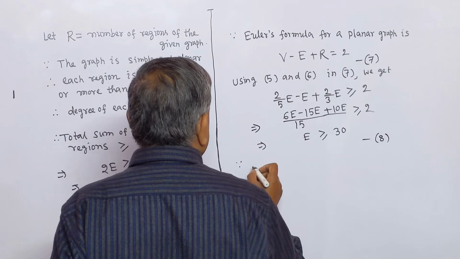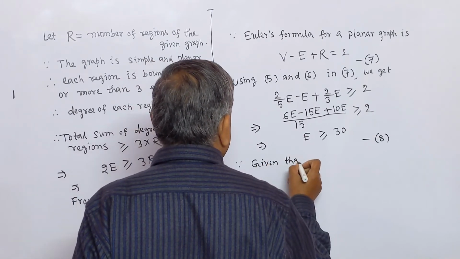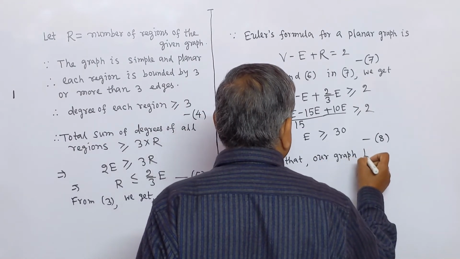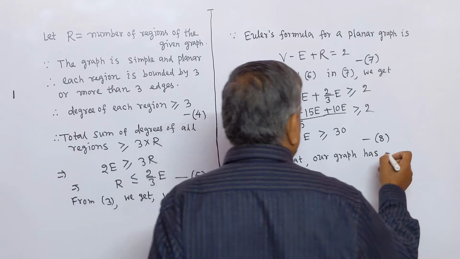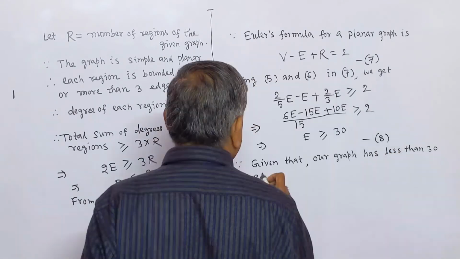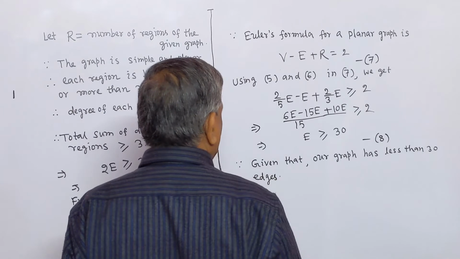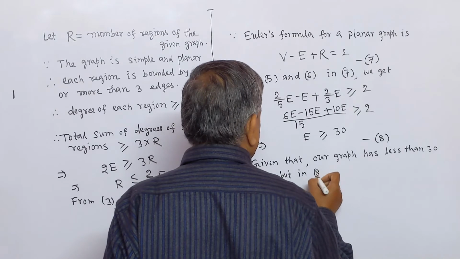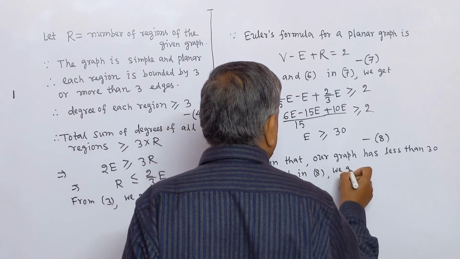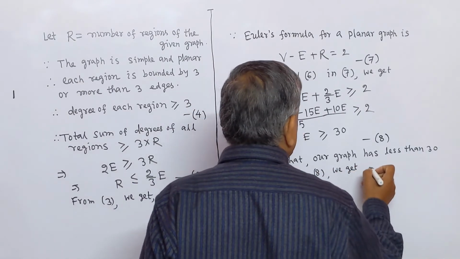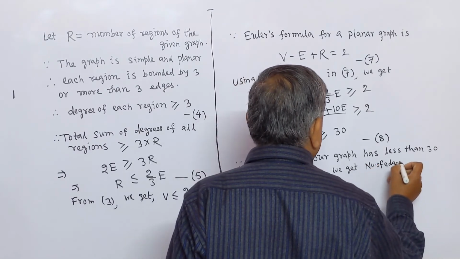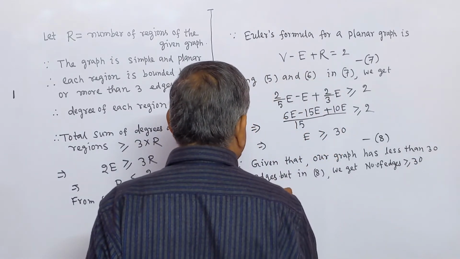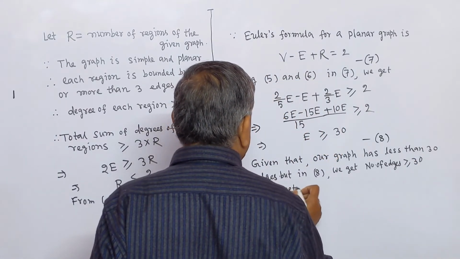Since it is given that our graph has less than 30 edges, but in 8 we get the number of edges greater than or equal to 30. Therefore we get a contradiction.